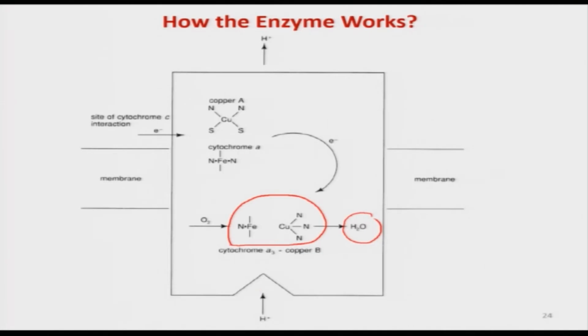If we look at cytochrome A, it is already 6 coordinated. So, there is no place for dioxygen to coordinate, whereas here you see dioxygen can coordinate to iron center and dioxygen can coordinate to copper center as well.